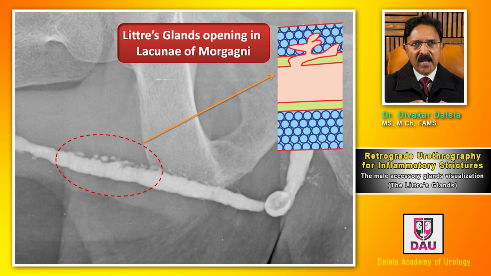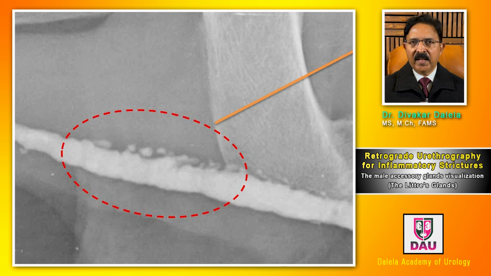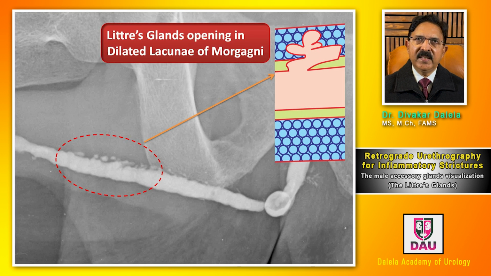So the big blotches that you see are lacunae of Morgagni, and the small ducts that open into them are Littre's glands. In different patients, you can see different anatomy. In some patients, lacunae of Morgagni can be normal. In some patients, they can be really dilated and very big, as you see here.